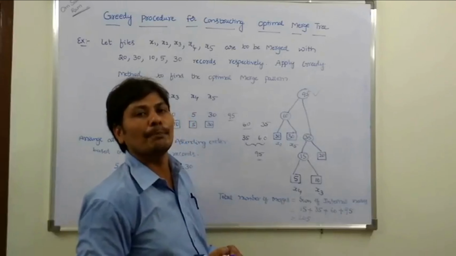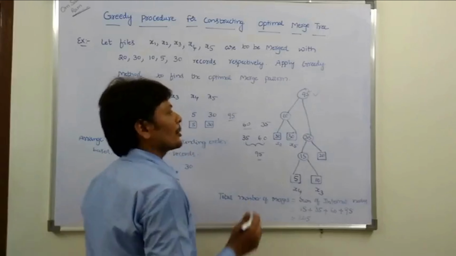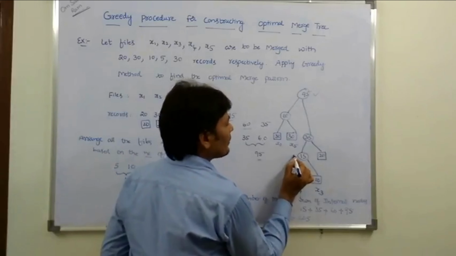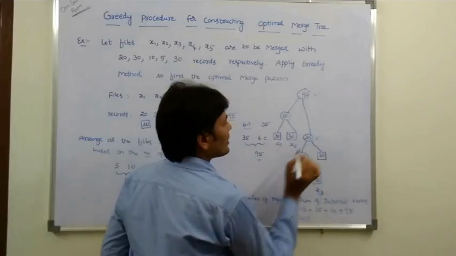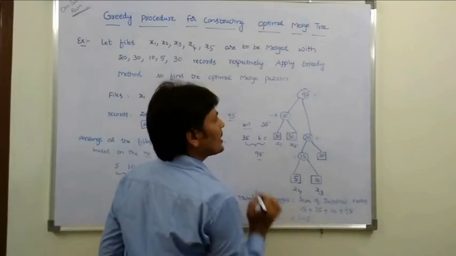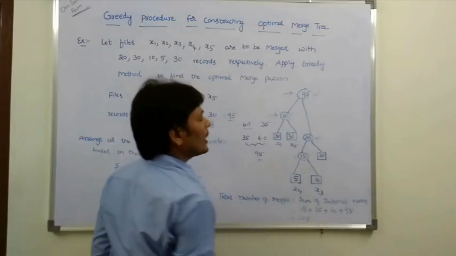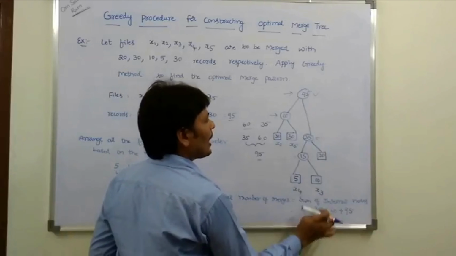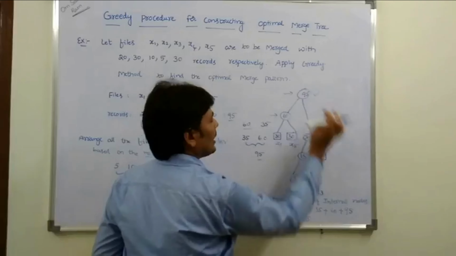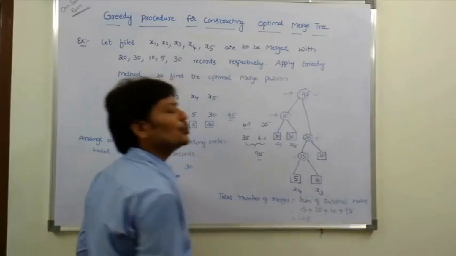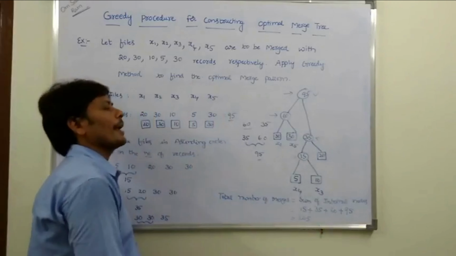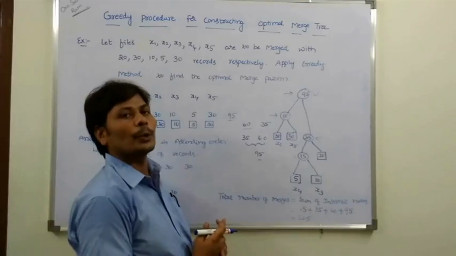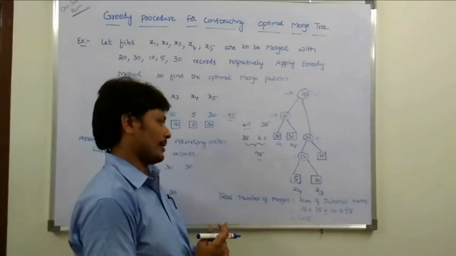Internal nodes are represented as circles. The first internal node is 15, the second is 35, the third is 60 and the fourth is 95. So 15 plus 35 plus 60 plus 95 is equal to 205. In this way we find the total number of merges.